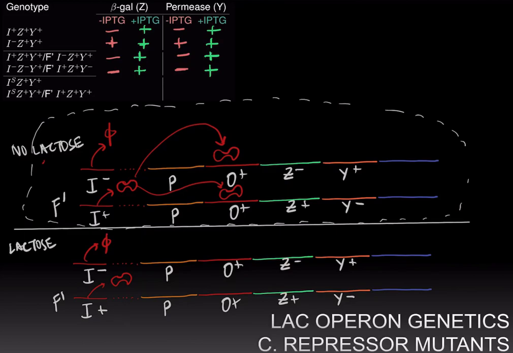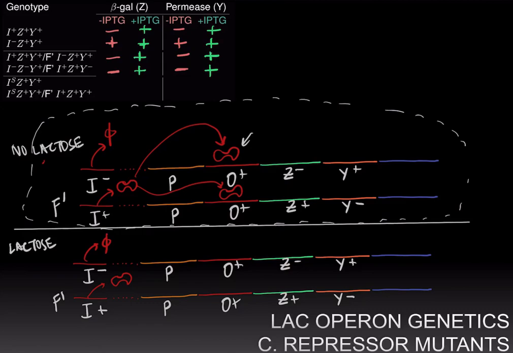And even if the repressor protein molecule is made by one of the DNA molecules, in this case the F prime plasmid, these repressor protein molecules can diffuse, can move around in the cell and go and bind to the operator sequence of the other allele or the bacterial chromosome.